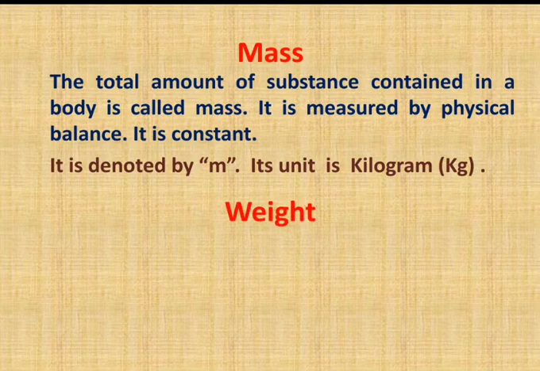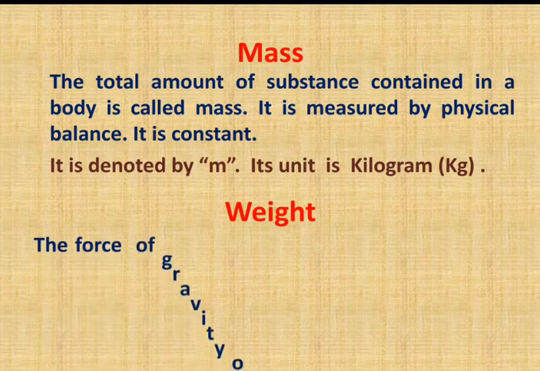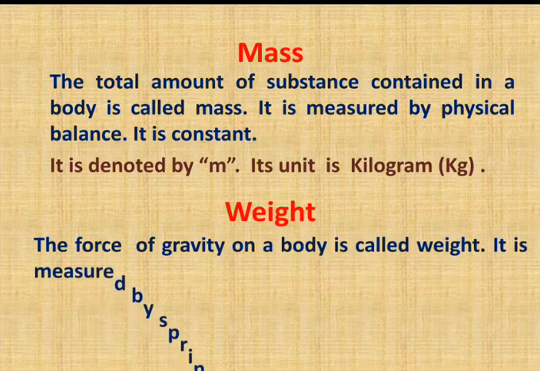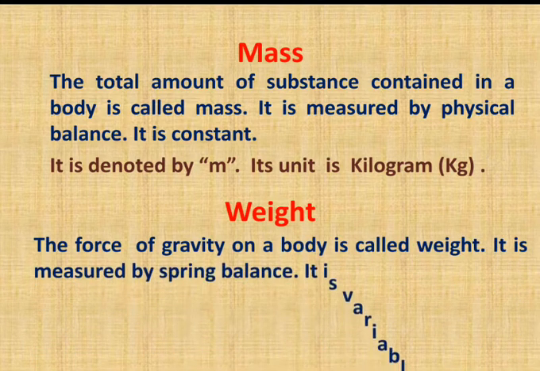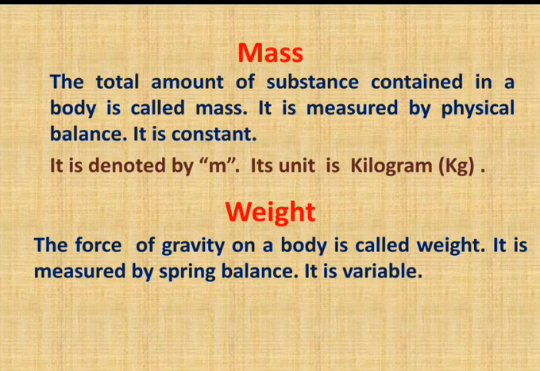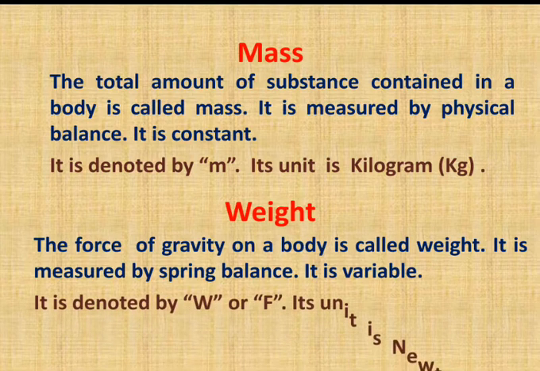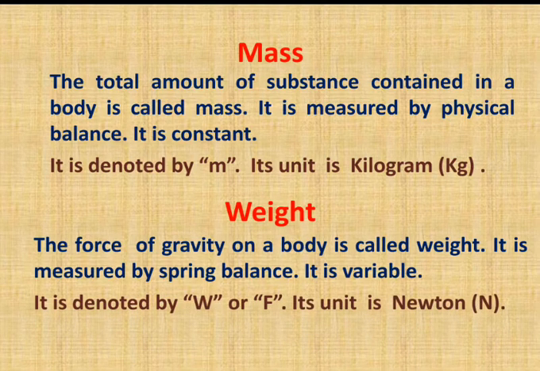Weight. The force of gravity on a body is called weight. It is measured by spring balance. It is variable. It is denoted by capital W or capital F. Its unit is Newton, capital N.